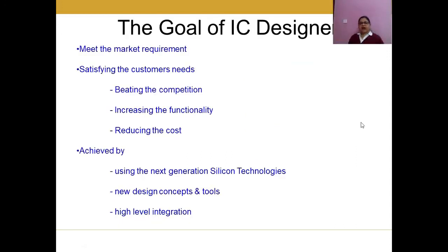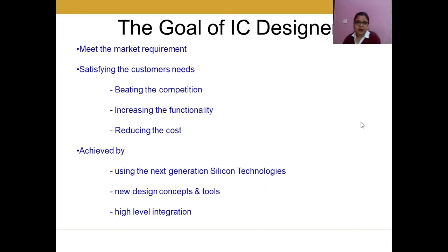So at last, if I talk about the goal of the IC designers, up till now we have seen what different kinds of ICs are available, how they are characterized, on which applications they will be good, and what their benefits and limitations are. Now we will discuss the goal of the IC designer. The first goal is to meet the market requirement.